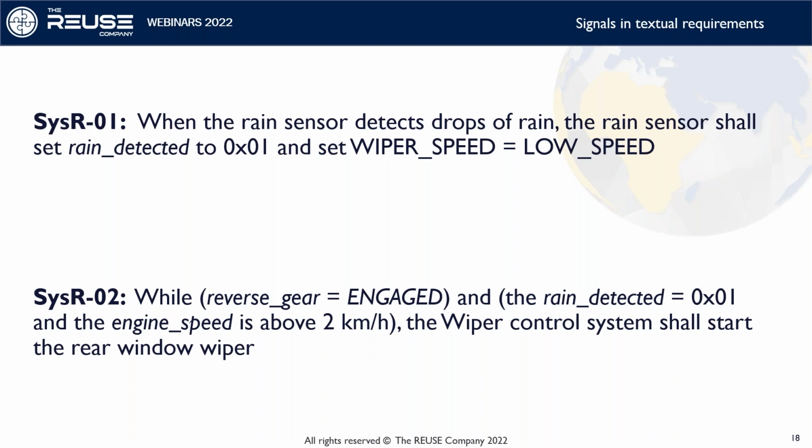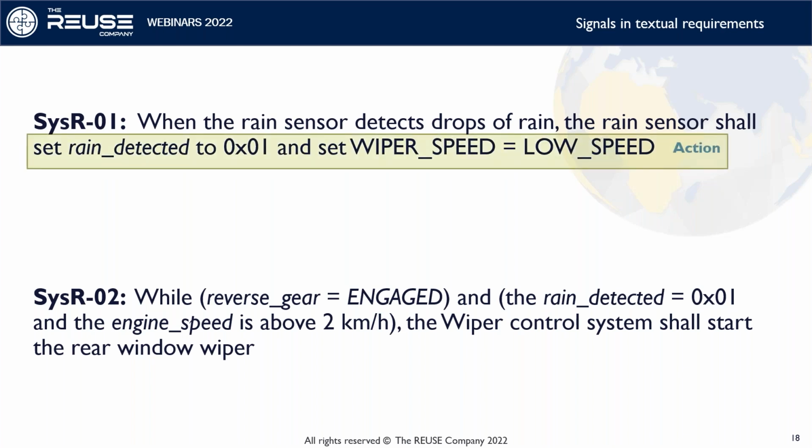Here you can notice that this is the action. I have highlighted in green the action to distinguish it from the condition. And here you can already find a couple of different signals, like rain detected or wiper speed, that could be identified as signals in the action.